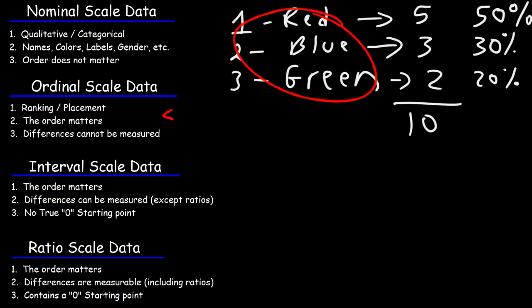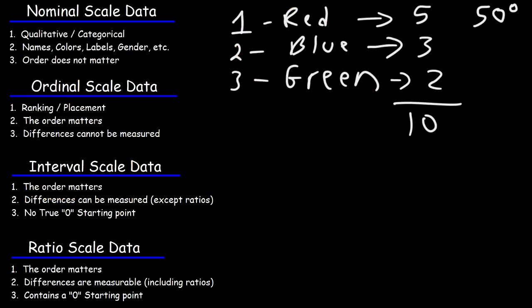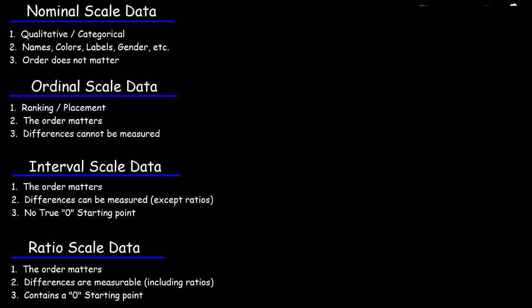So let's talk about the second one, the ordinal scale data. This type of data is typically used to rank things. Let's say you have a race. There's a first place winner, a second place winner, and a third place winner.